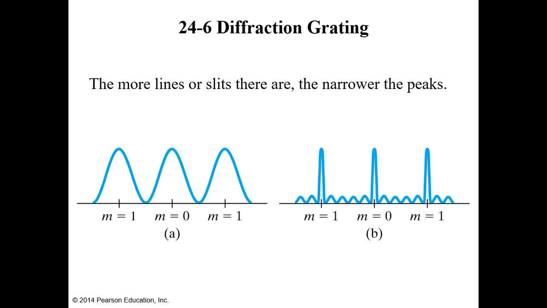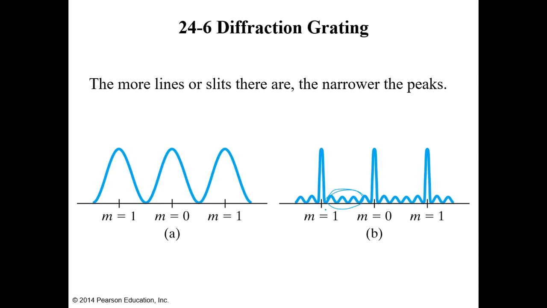So the way that this happens has to do with the number of slits you have. In the figure on the left, you have basically what looks like the double slit experiment. But as you add more slits, you start creating a combination of constructive and destructive interference patterns.